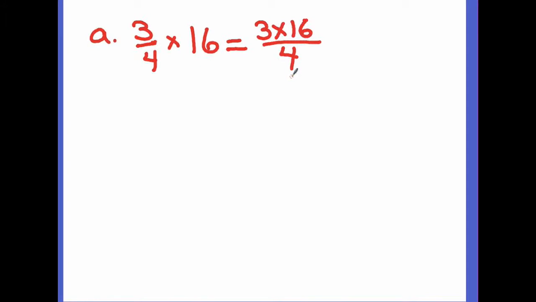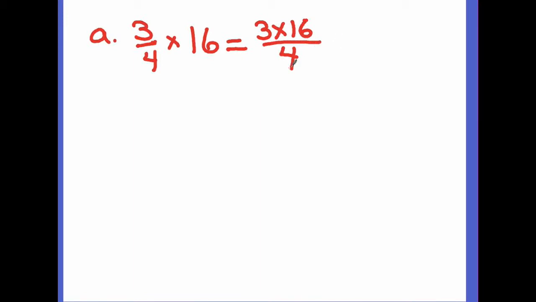So this one you're going to multiply it out, because they want you to see, like what we showed earlier, that you're going to get the same answer if you cross cancel. And then hopefully by the time you're done doing the second column, you're going to see the benefit of cross canceling. So you're going to set up like that. The first one you'll do 3 times 16 and what it equals over 4.